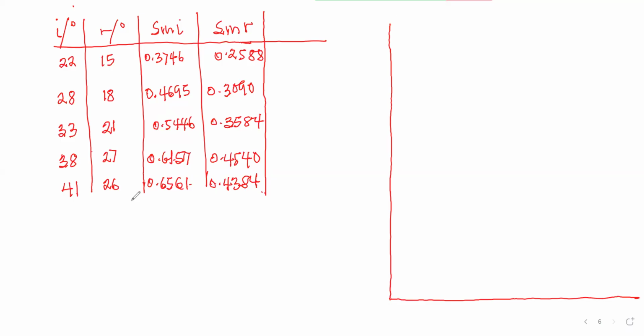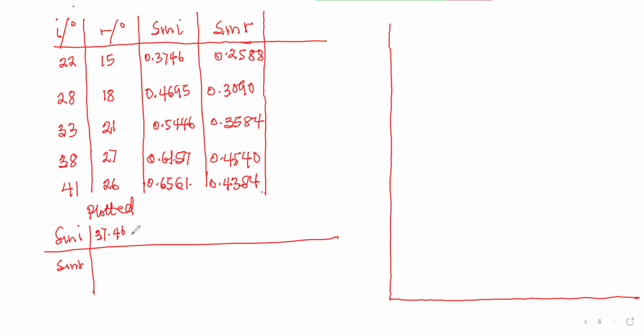So the best way is to express your plotted values in standard form. Some of you did that. So sin I, sin R. If I want to express this in standard form, rounding it to two decimal places, the first one I have 37.46.